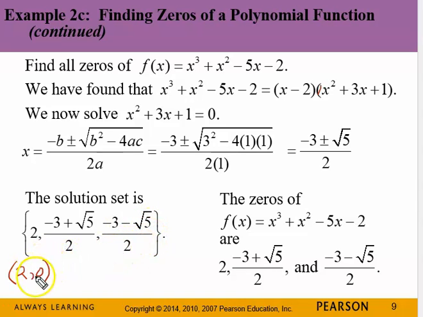But as we list it here, all they wanted were the x values. We have found the zeros of this using the rational zero theorem, synthetic division, and the quadratic formula. Wow.